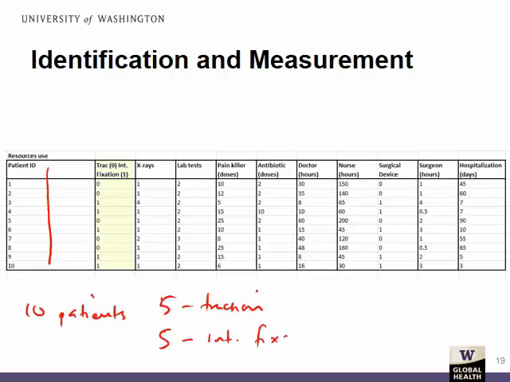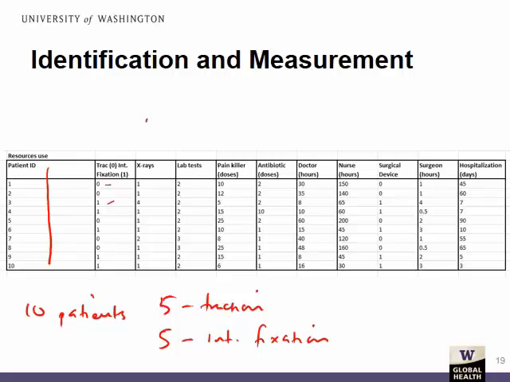And that second column is an identifier for traction or no traction. So traction is 0 and 1 is internal fixation. So patient number 1 had traction, number 2 traction, number 3 internal fixation, number 4 internal fixation, and so on. And then in the columns you have resources.